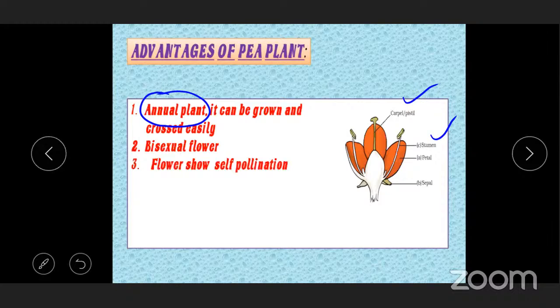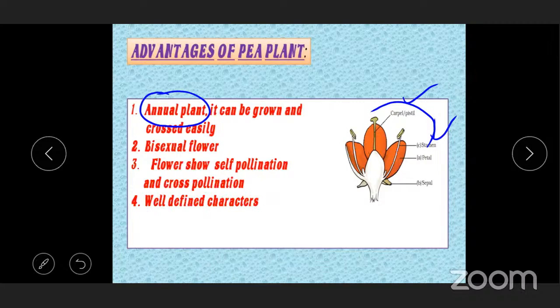The flower shows self-pollination, which means the pollen grains from the stamens reach the stigma of the same flower. In the pea plant, sometimes self-pollination takes place, and sometimes cross-pollination takes place.